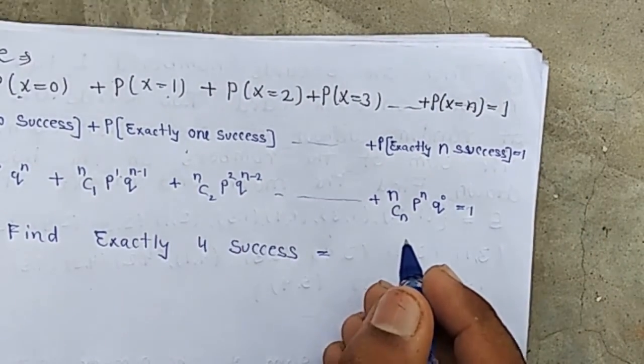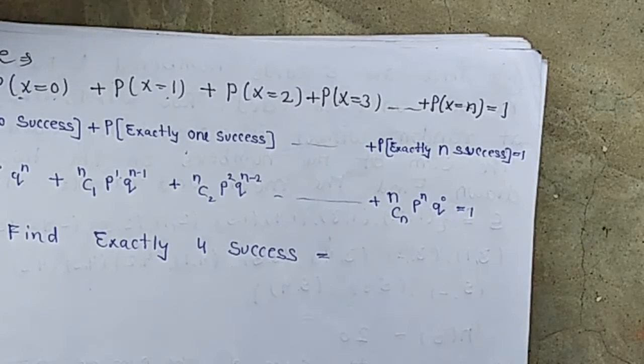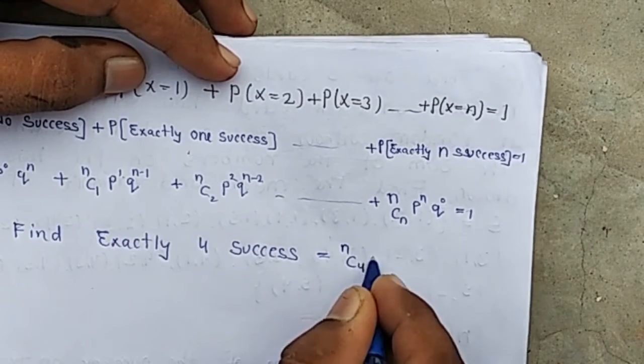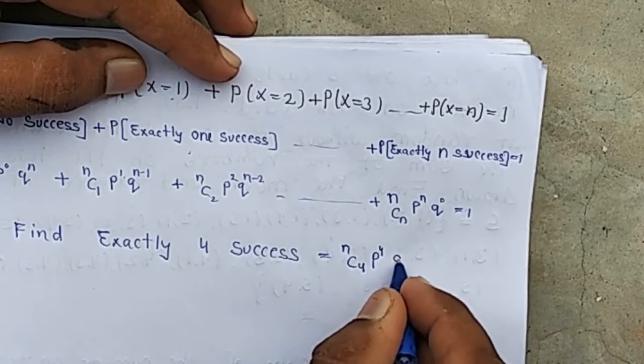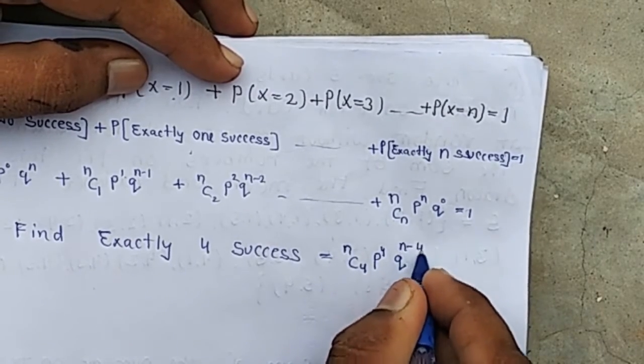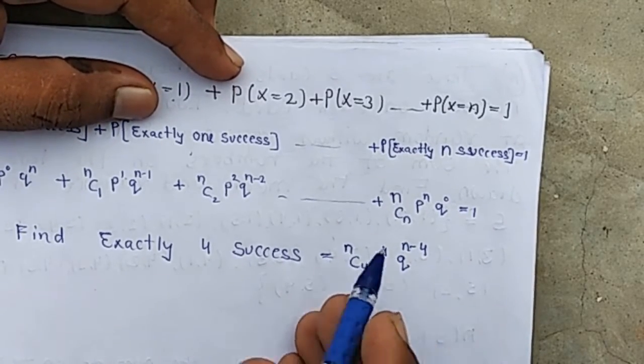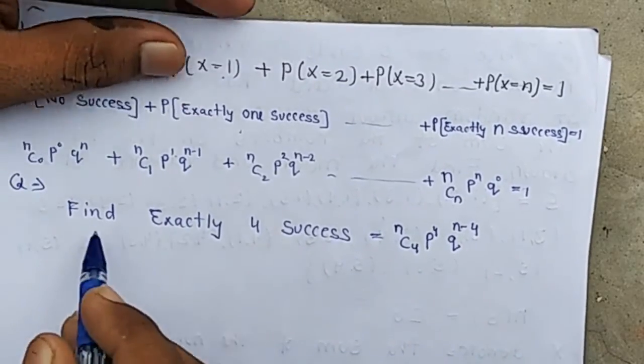If the question says find exactly four success, it means nC4 p to the power 4 q to the power n minus 4. It is the value of exactly 4 success.